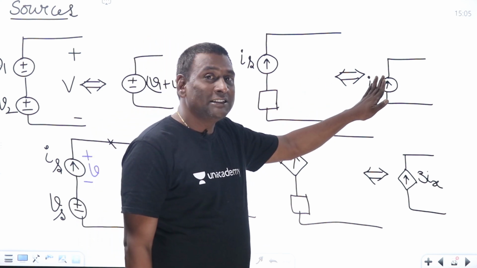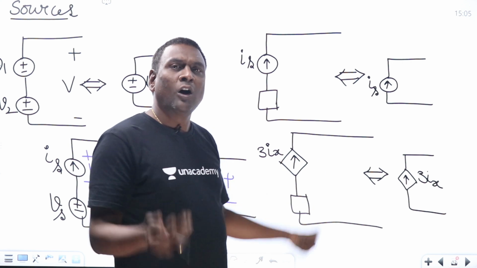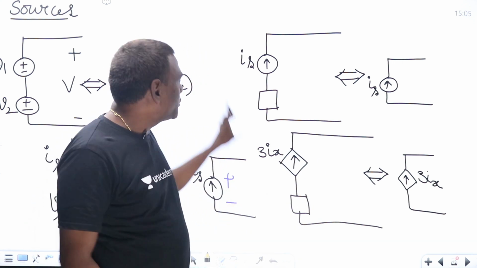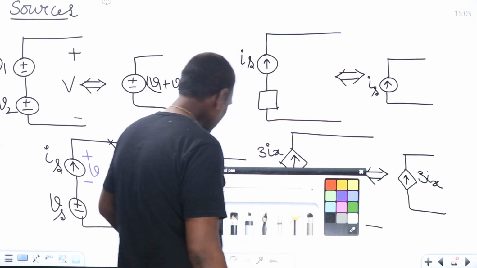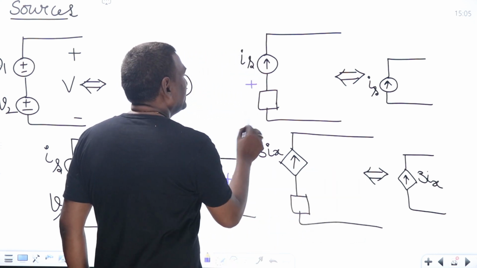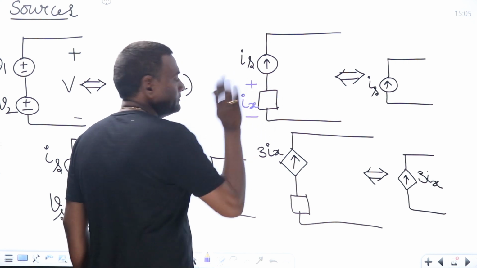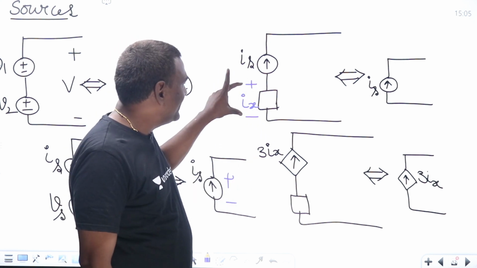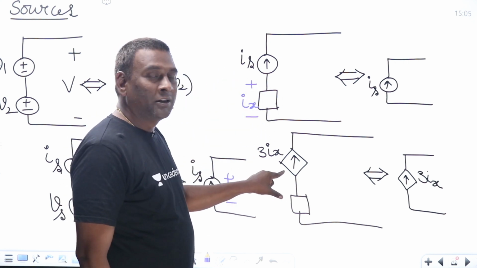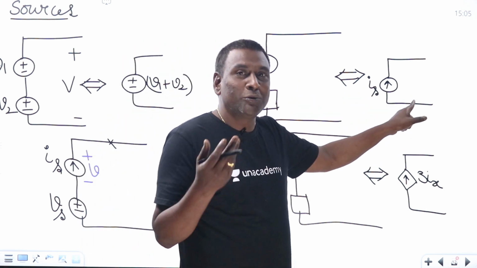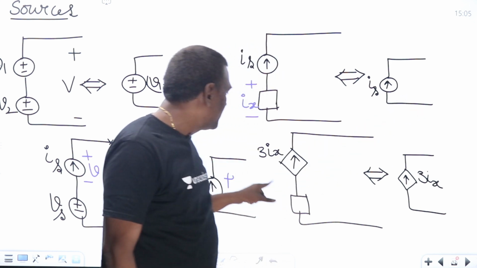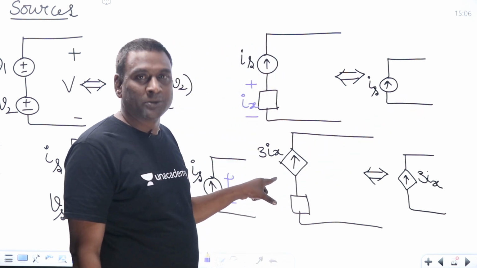Because if some information is being asked internal to the system, obviously you are supposed to consider this. For example, if I say this is Ix and Ix is linked here, can I transform from here to here? If I transform, Ix is going to disappear. Once Ix disappears, how to solve this? Not possible.